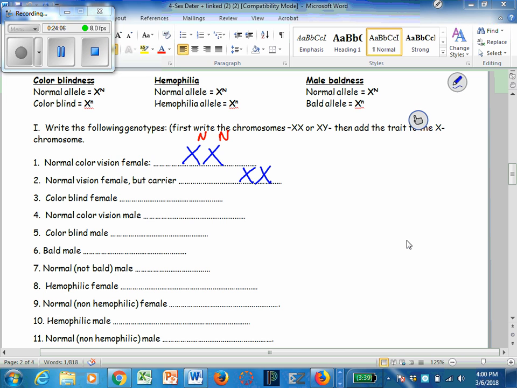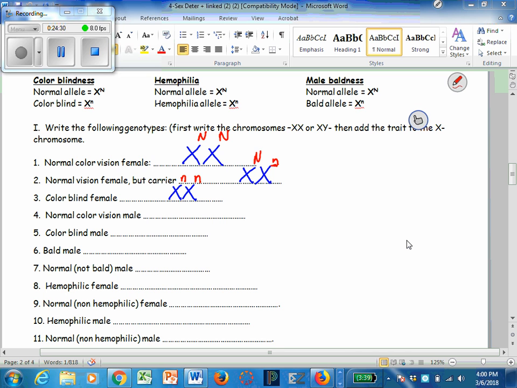So we want to symbolize the X's as a female, but if they're a carrier, they're still normal, but they're heterozygous, meaning that they can pass that little n on to their offspring. Colorblind females, there's only one way to be colorblind as a female, and it's less likely because there's multiple choices. You have to be homozygous recessive.